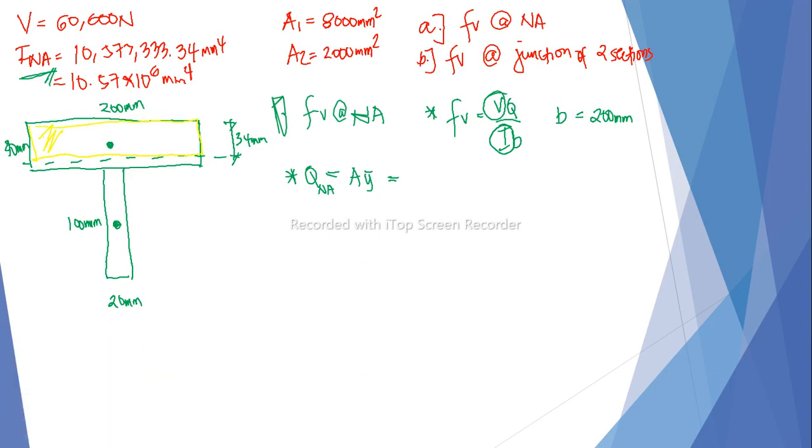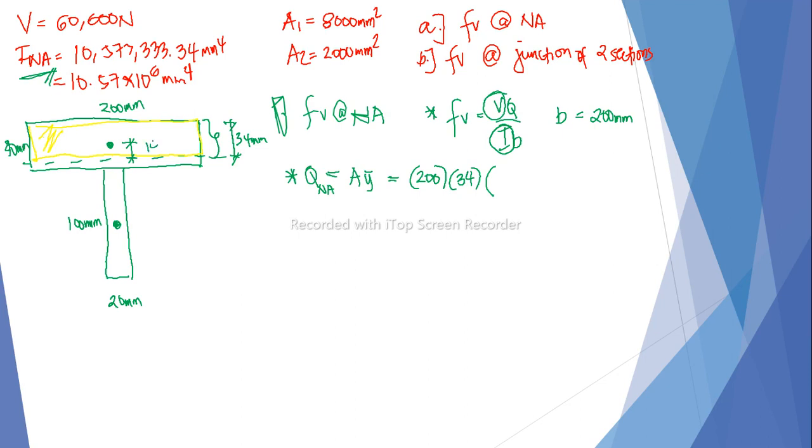The area is the base, 200 millimeters, times its height, 34 millimeters. Times its Y bar, the distance from its centroid to the neutral axis.